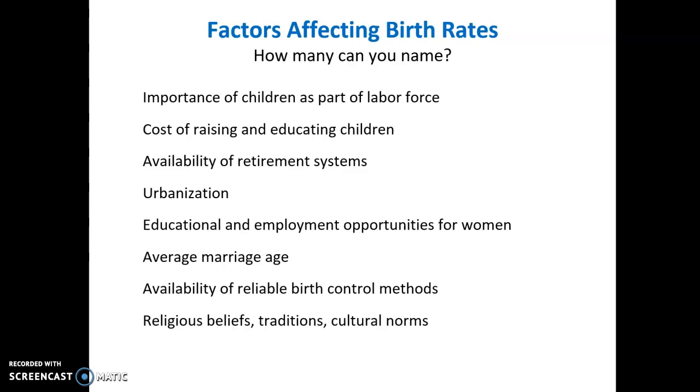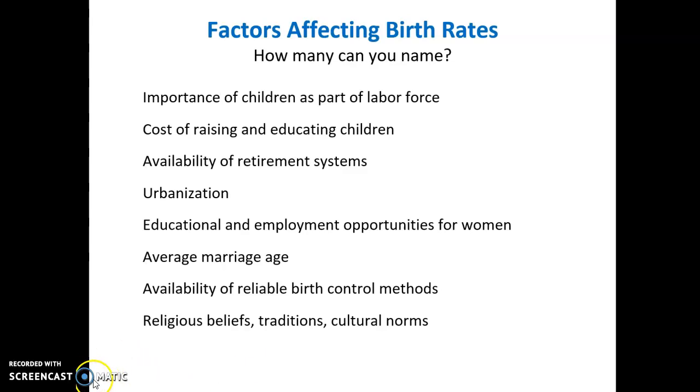So in a developed country such as the United States, the realization that to raise and educate children is an expensive undertaking, people may choose to have fewer children. The availability of retirement systems is important. So in a developed country such as the United States, when there are retirement systems such as Social Security available, then people are not relying on their children to support them during their older age.